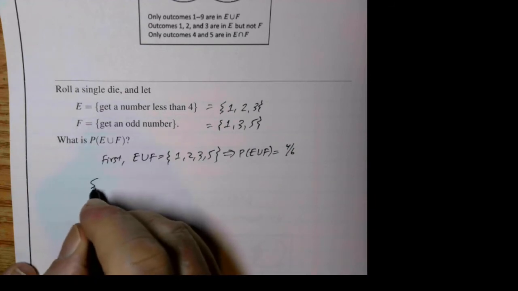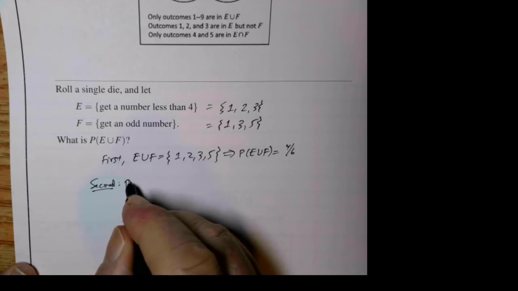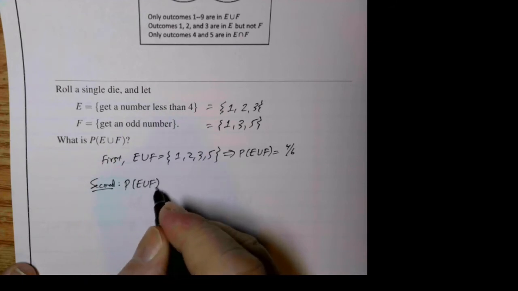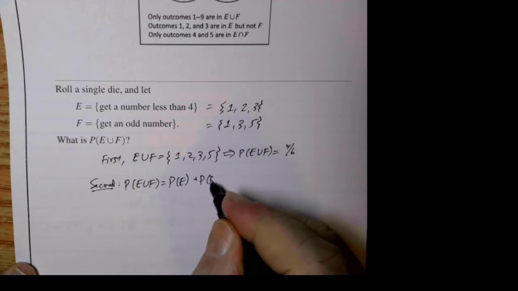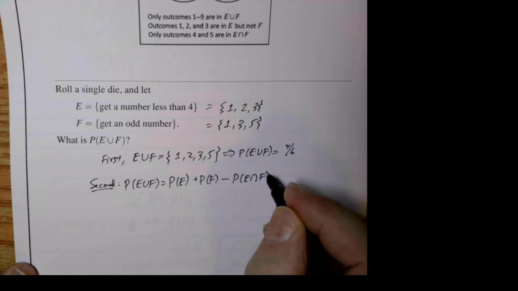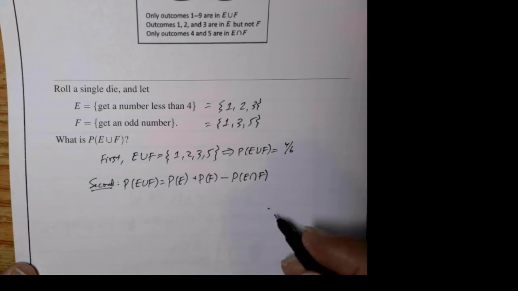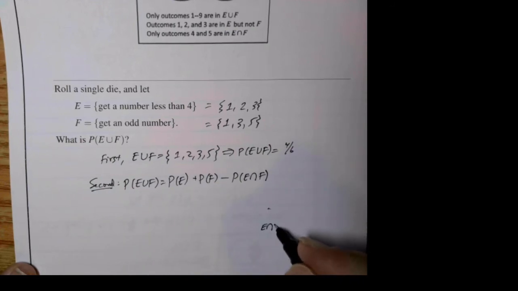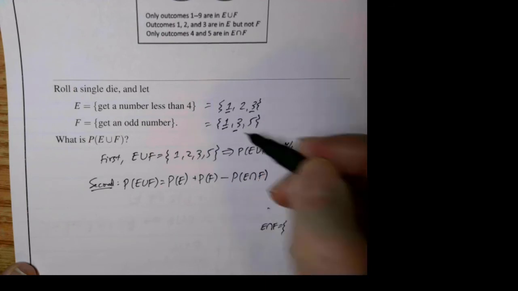Okay, here's a second solution using the formula. The probability of E union F is probability of E plus probability of F minus the probability of E intersect F. Well, let's just go off over here somewhere and we'll compute E intersect F. That's going to be the set of all outcomes that are in both E and F. 1 is in both, and 3 is in both, and that's all.